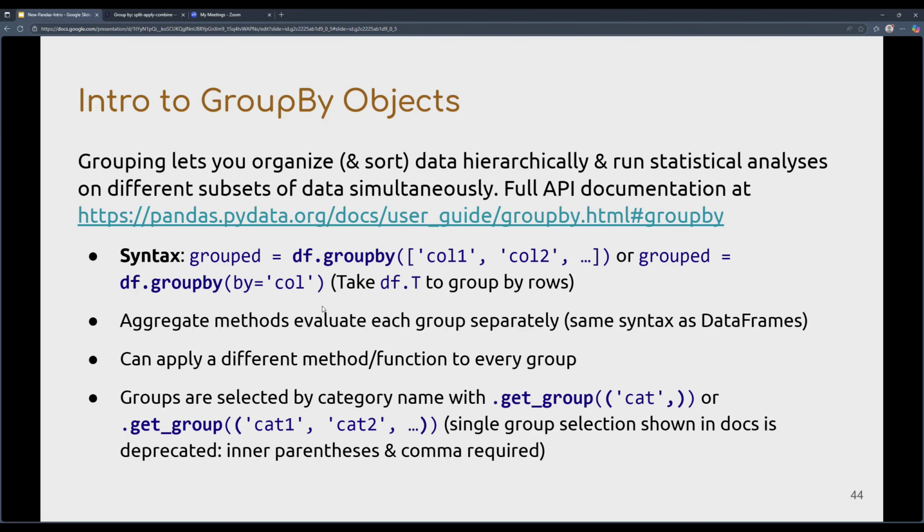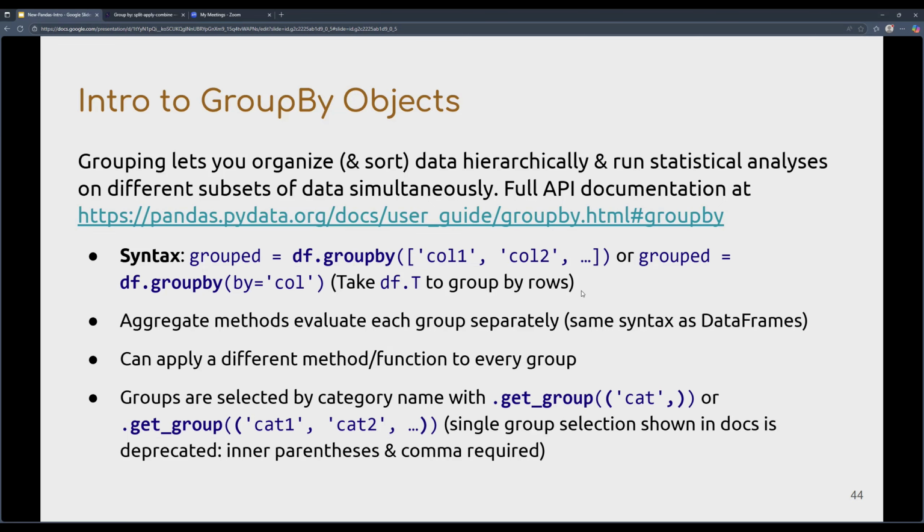If you give it a single column name and you're going to use the list syntax, you still have to include the single column name in brackets. So I find it handier just to remember the by equals call. It just makes more sense to me.